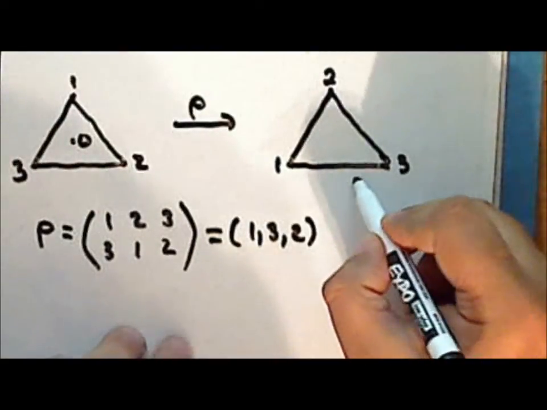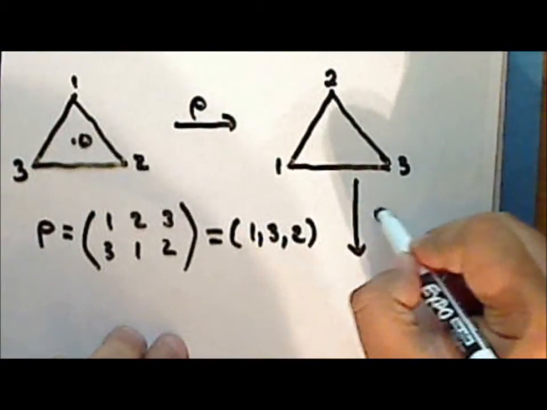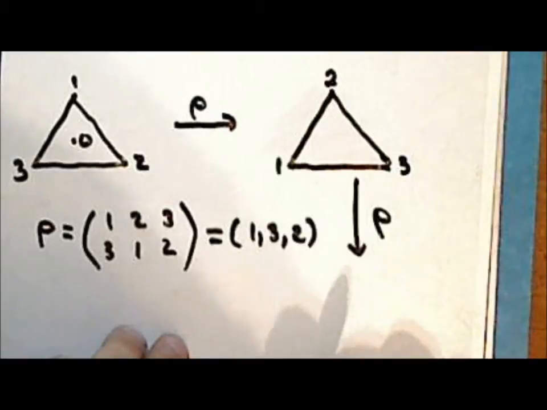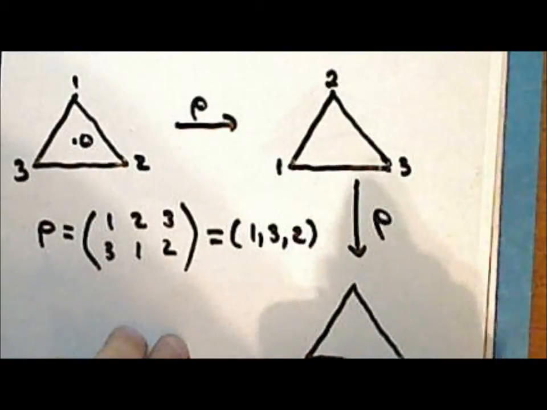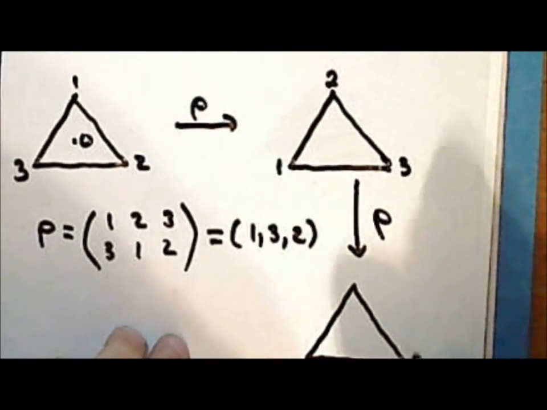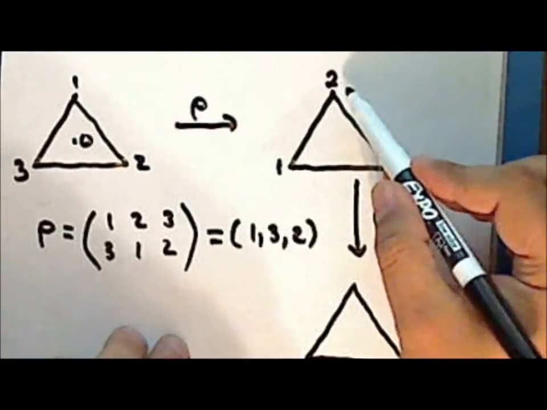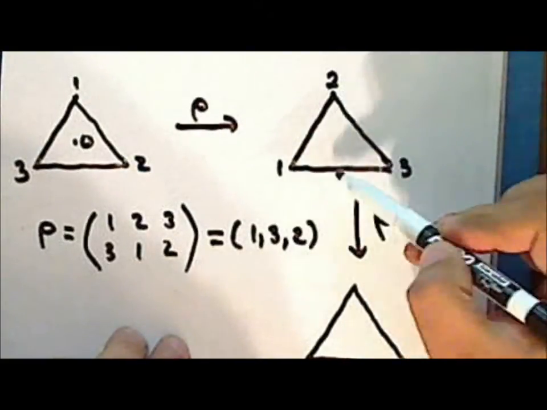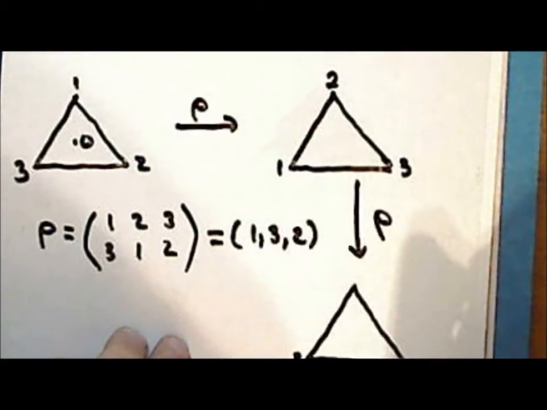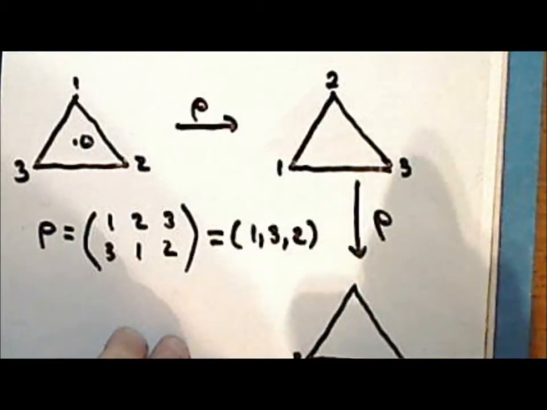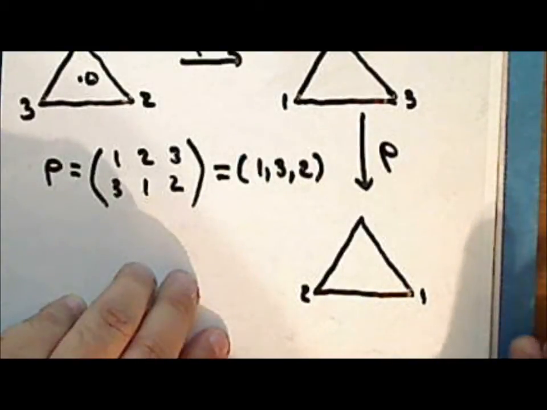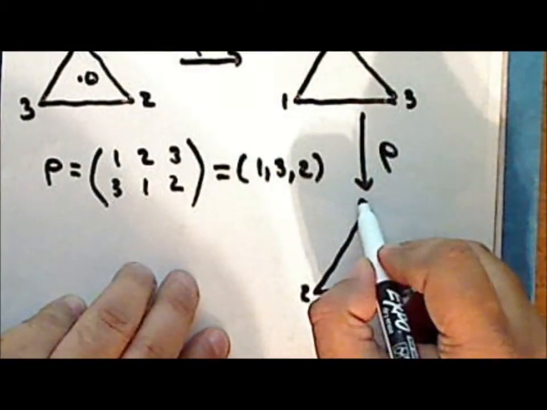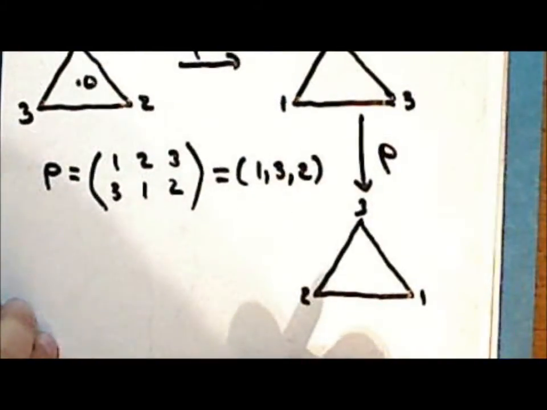Now if we apply rho a second time, that is, we rotate the triangle counterclockwise by 120 degrees, then we once again have a congruent triangle where 2 moves to the position that 1 previously held, 1 moves to the position that 3 previously held, and 3 moves to the position that 2 previously held.